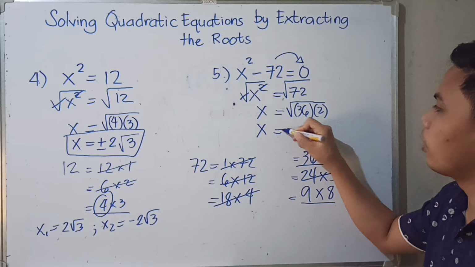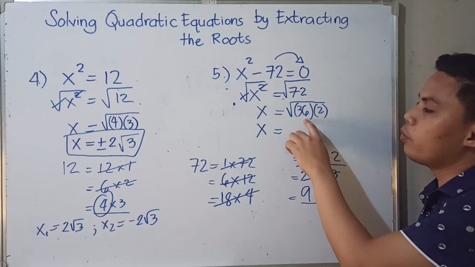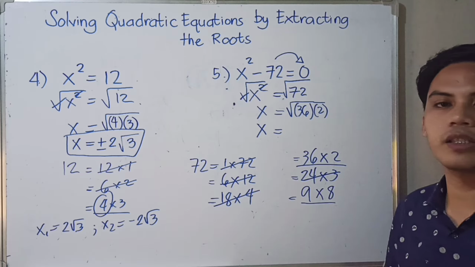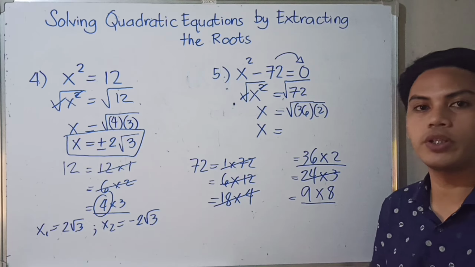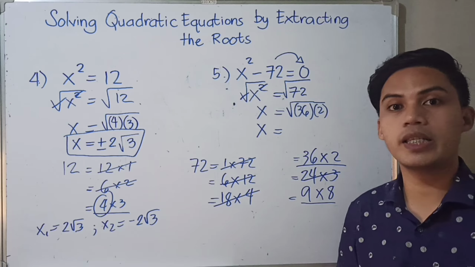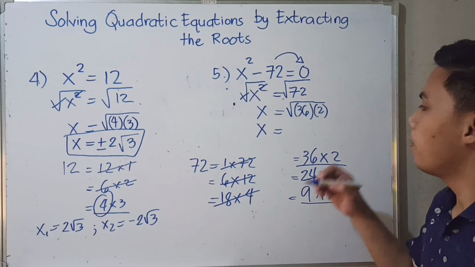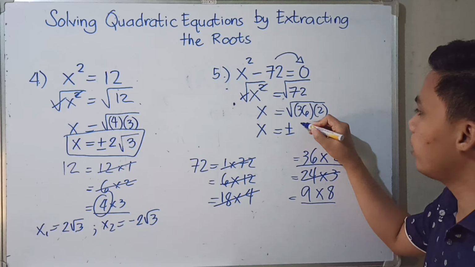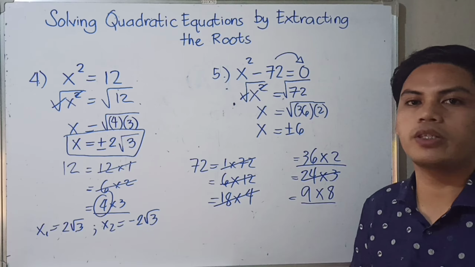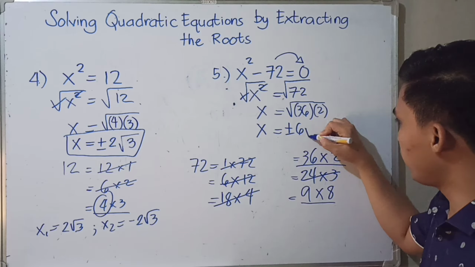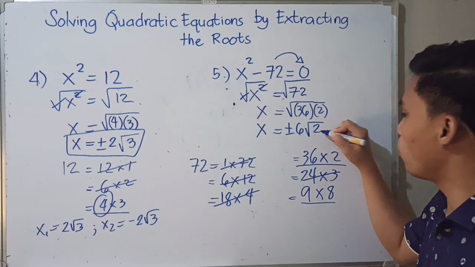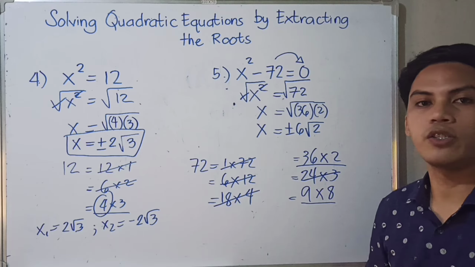So, x is equal to. This time, we can extract 36. So, what is the square root of 36? Square root of 36 is plus minus 6. Then, matitira sa loob si 2 kasi nga hindi siya perfect square.